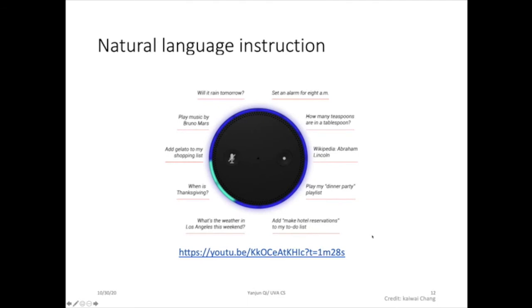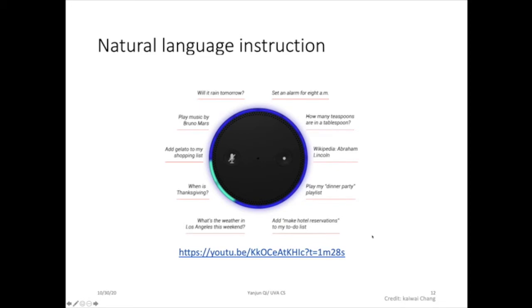For example, the one I just talked about, Alexa: you want to instruct Alexa to open or close your lights, make your hotel reservation, or add something to your to-do list. So this is not just natural language processing anymore.